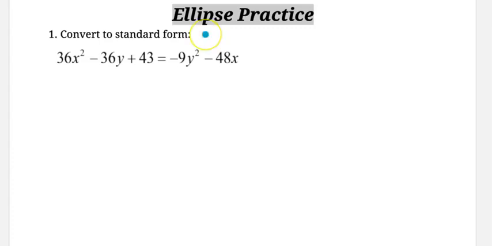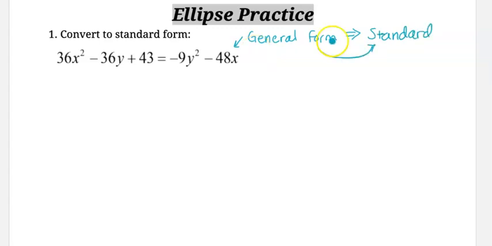So remember, the conversion means that this equation right here given to us is in general form. And to get to standard, the way that we are going to go about doing that is that we are going to complete the square for each of the quadratics in our equation.